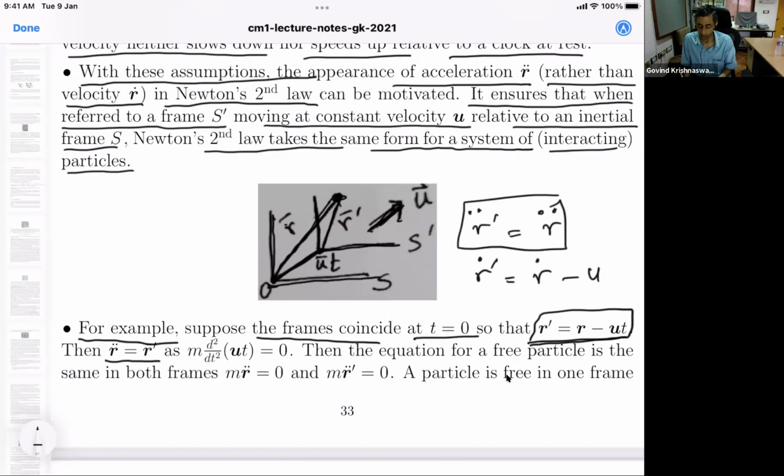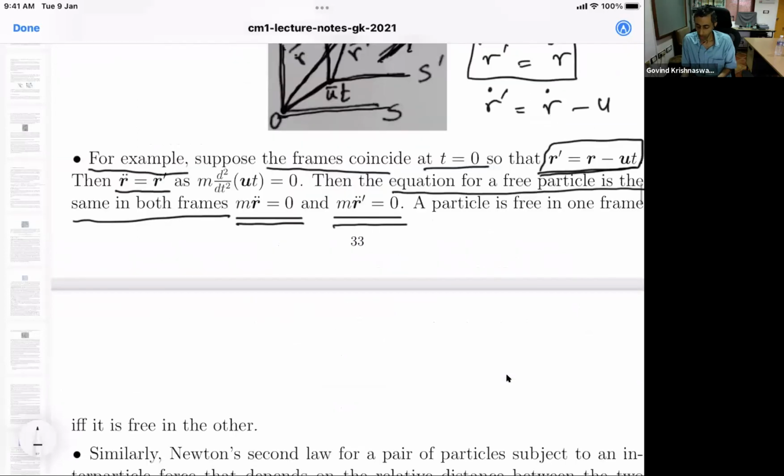And therefore, to begin with, the equation for a free particle is the same in both frames, namely m r double dot equal to 0 and m r prime double dot equal to 0. If it was a free particle in one frame, it is free in the other. In other words, a particle is free in one frame if and only if it is free in the other.